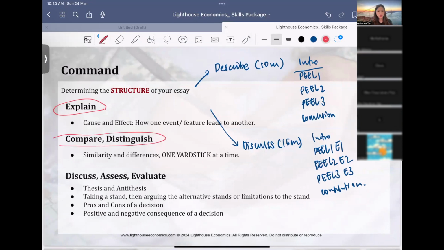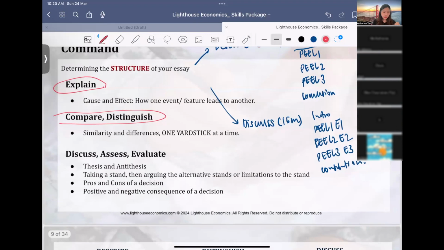Compare and distinguish. When you look at compare, your points will be the first similarity, second similarity, and then the third one will be a difference. You need to compare one yardstick at a time. What it means is every single paragraph should talk about either one similarity or one difference. You don't mix points together.